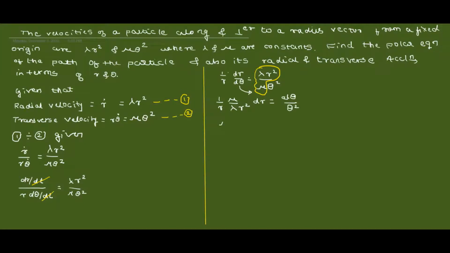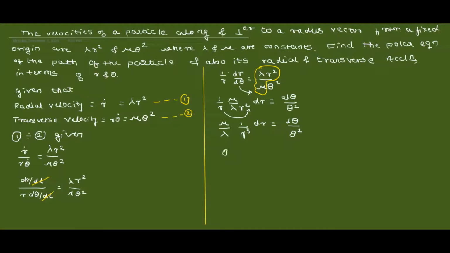Or you can also write it as, mu divided by lambda is constant, as it is, 1 divided by r into r square, that is r cube, into dr is equal to d theta divided by theta square.